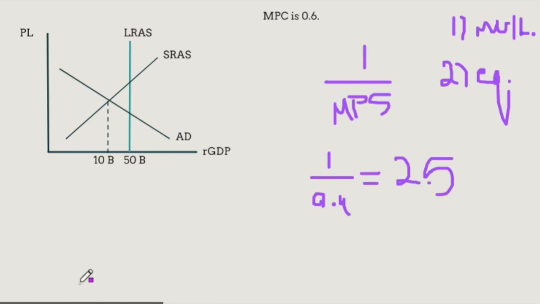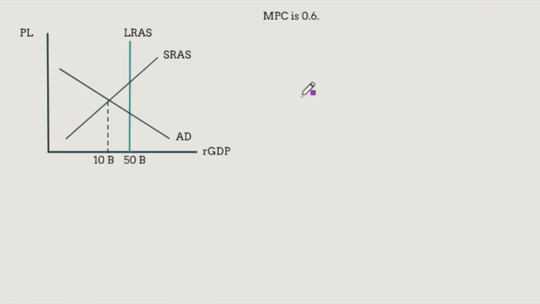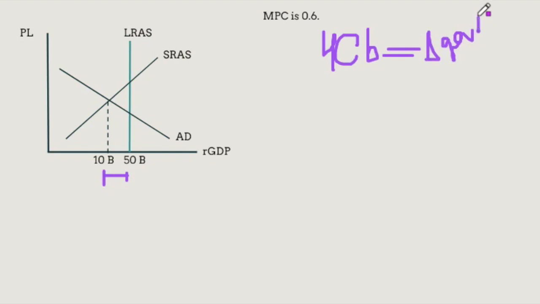Now let's set up our formula. We said that we wanted to increase GDP by 40 billion. That's going to equal the change in government spending times the multiplier.